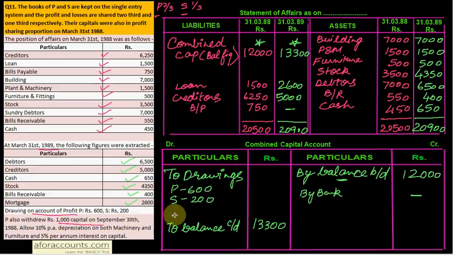So again one more withdrawal of P, that is 1000 rupees. 1000 plus 600 plus 200, 1800 is your drawing. Two partners P and S. One is simple drawings, that is on account of profit, and the other is also given for P, that I have written here. No additional capital. Now the balancing figure will be your net profit. Take the total of the higher side, that is 13,300 plus 1,800, 15,100.